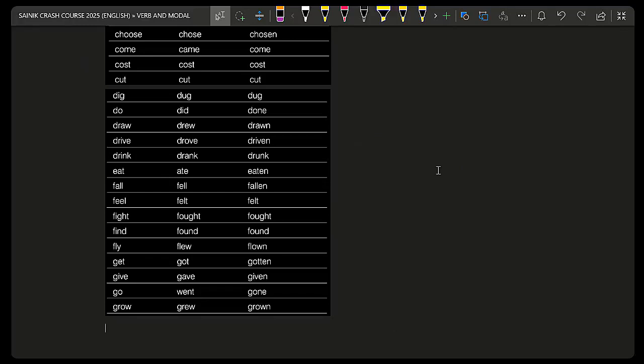Drive, drove, driven. Drink, drank, drunk. Eat, ate, eaten. Fall, fell, fallen. Feel, felt, felt. Fight, fought, fought. Find, found, found. Fly, flew, flown. Get, got, gotten. Give, gave, given. Go, went, gone. Grow, grew, grown.